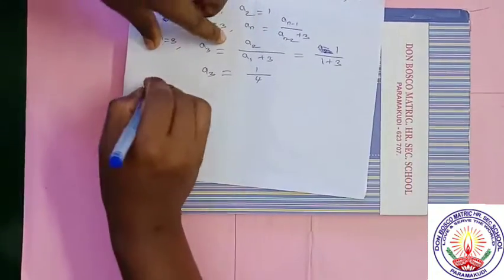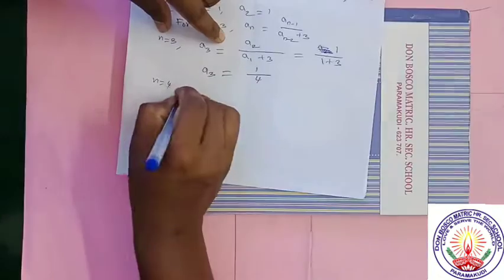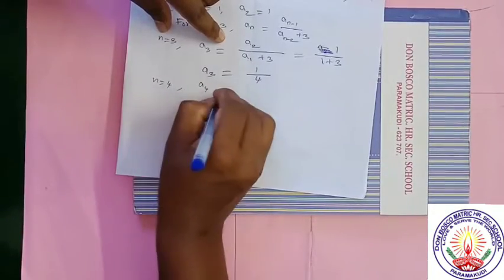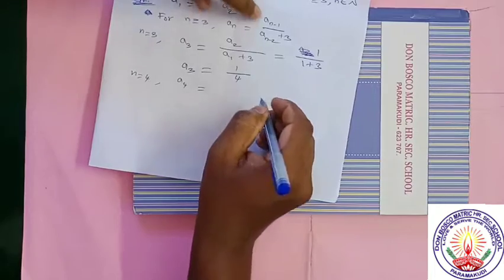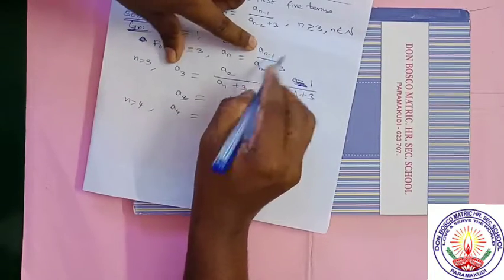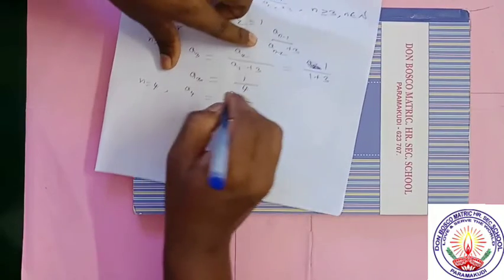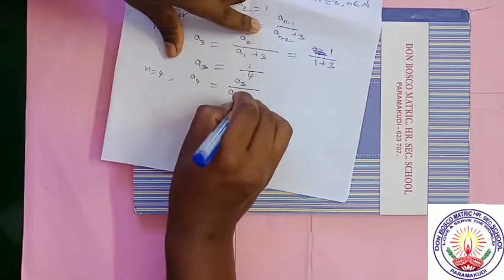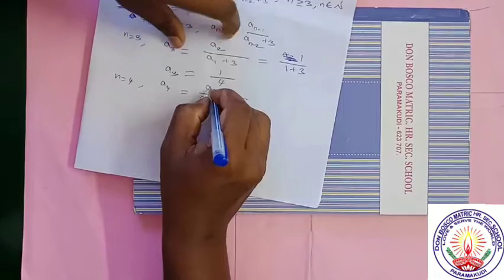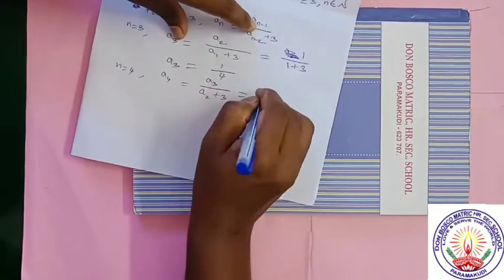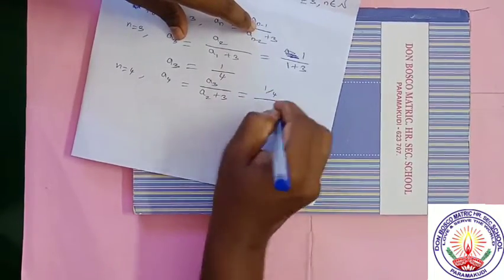The next one, put n is equal to 4. a4 is equal to, put n is equal to 4 here. 4 minus 1, 3. a3 divided by 4 minus 2 is equal to 2. a2 plus 3, which is equal to a3. What is a3? a3 is equal to 1 by 4. 1 divided by 4, the whole divided by a2.